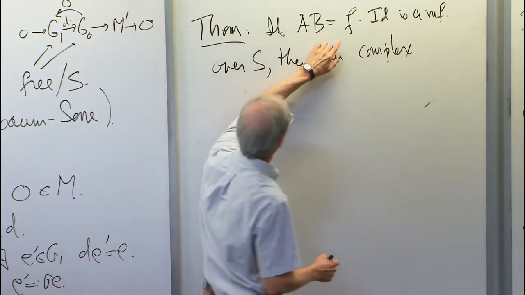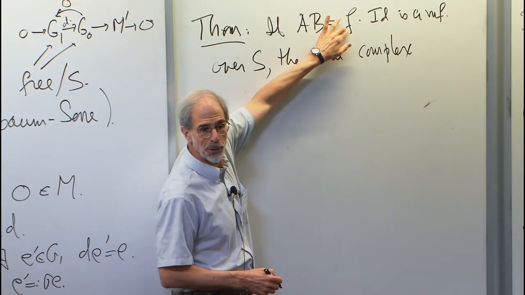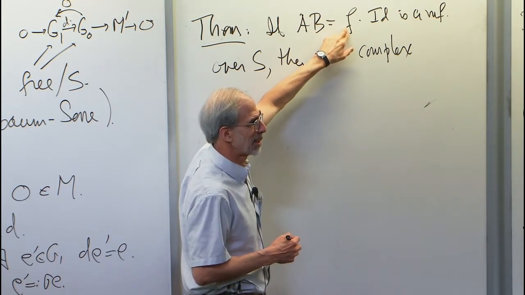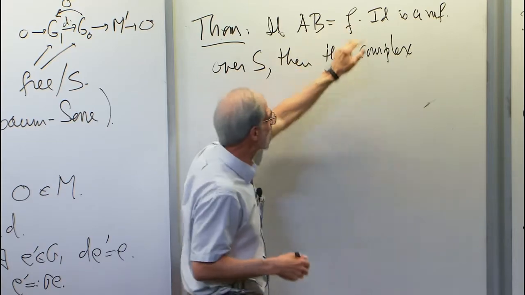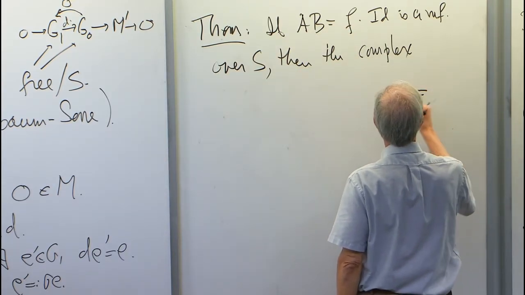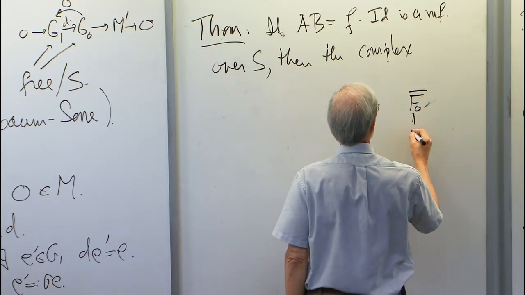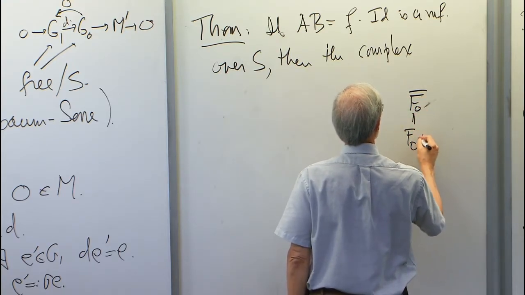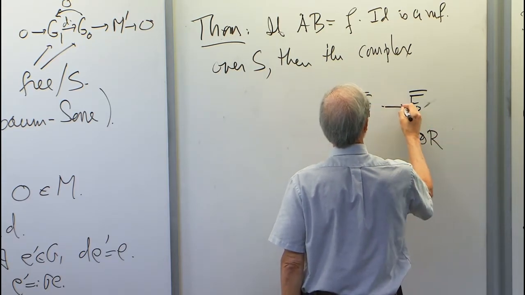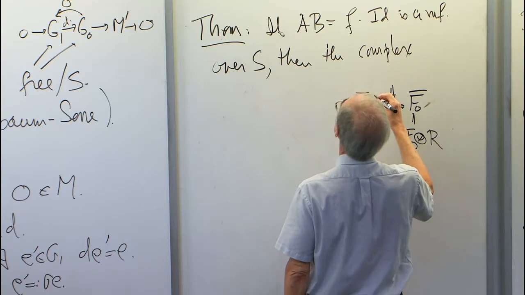So if I look modulo F, if I set F equals 0, then AB becomes 0, right? So it's a complex if I write A's and B's next to each other. So here's the complex, F0 bar, this means F0 tensor R, and then F1 bar, and here's A bar, did I get this right?